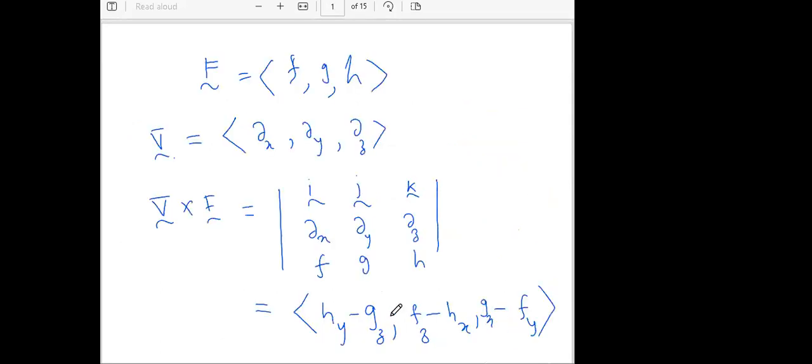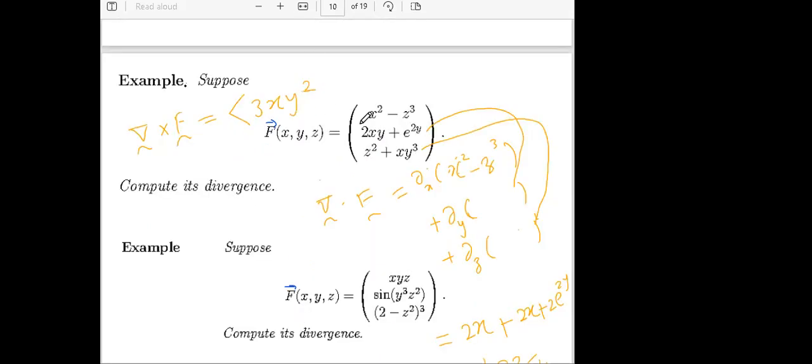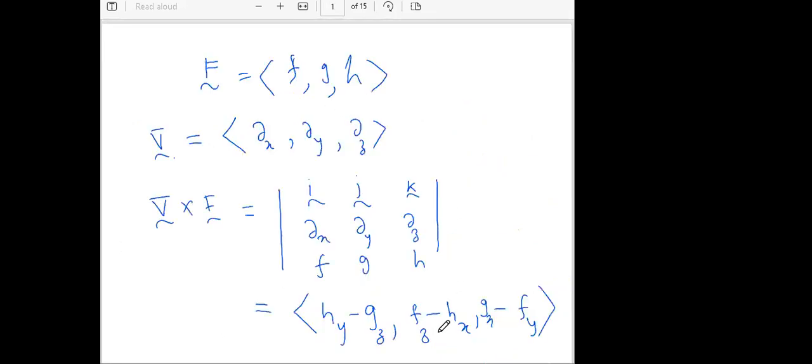And minus partial of g, the middle one, partial of that one with respect to z. This is with respect to z, no z terms, so 0. Like that you can find the curl, right?